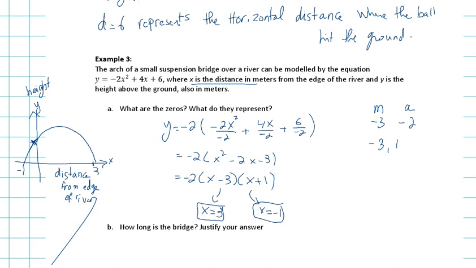So the bridge in this case is suspending 1 to the left of the edge of the river, and 3 meters to the right. Okay? Now, how long is the bridge? 4. Why? Because it's from here to here.